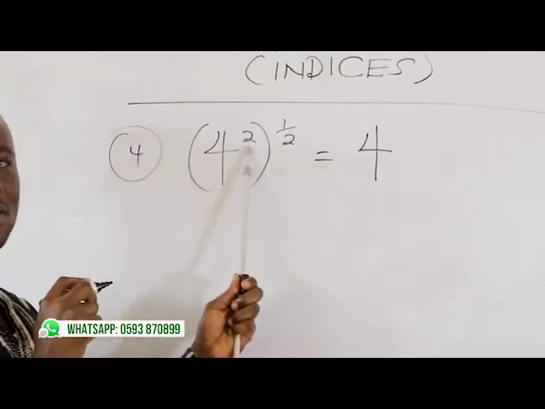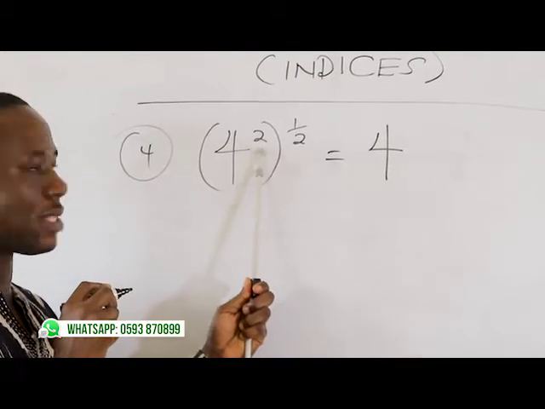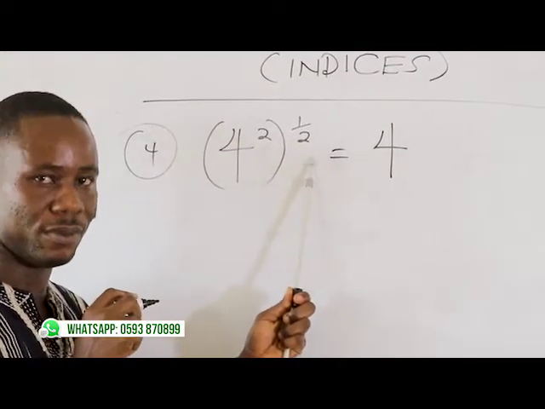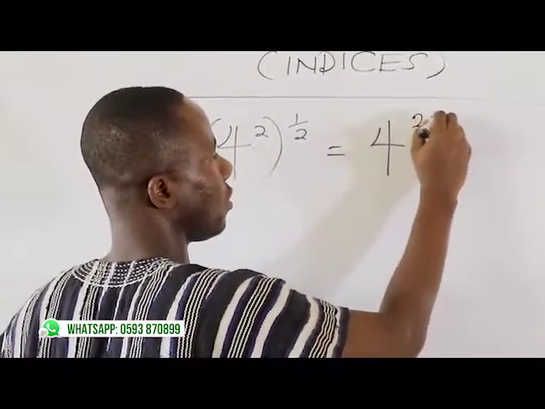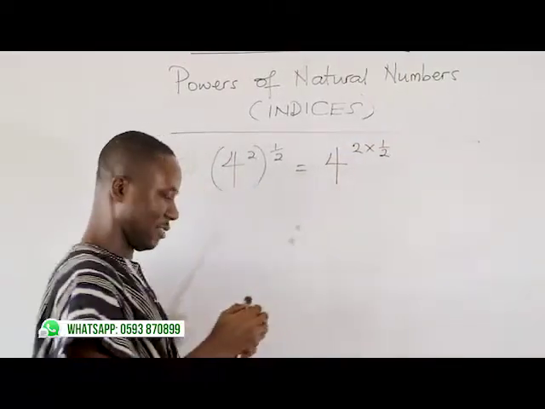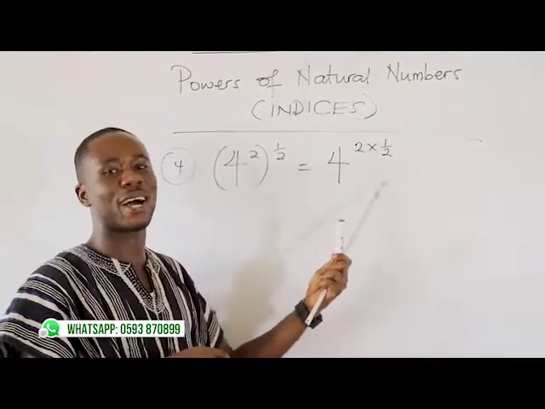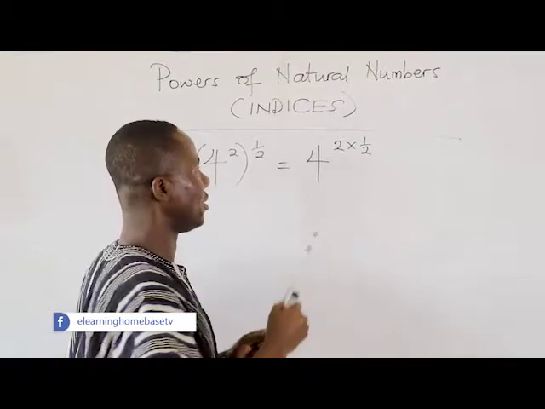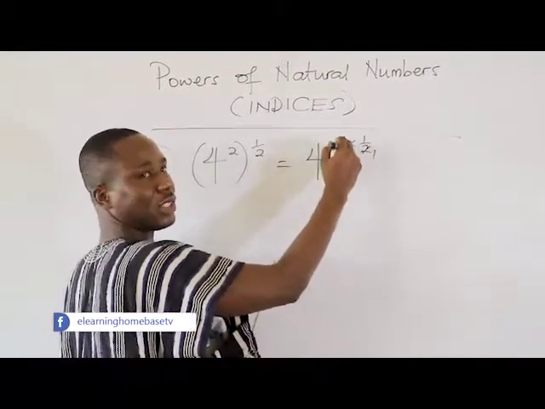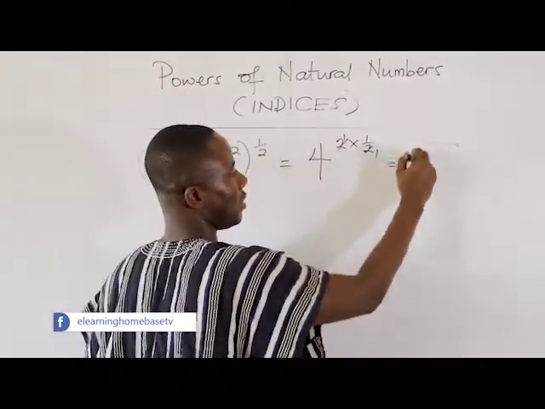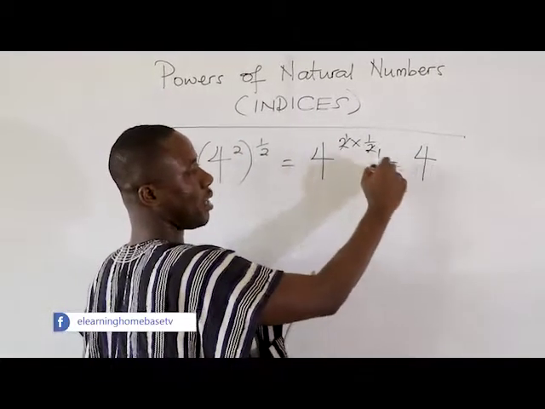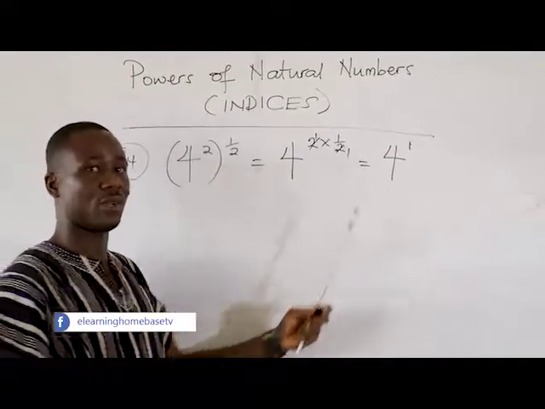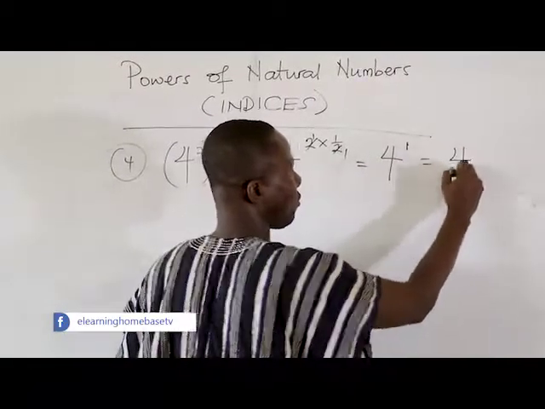Then the exponent of the one in the bracket, which is 2, will multiply the exponent outside the bracket, which is half. And 2 times half is 1. You can use the method of cancellation. So I have 4 exponent 1, which is the same as 4.